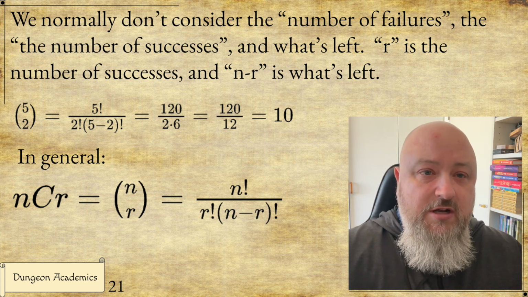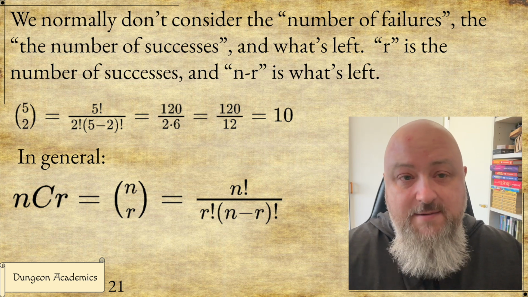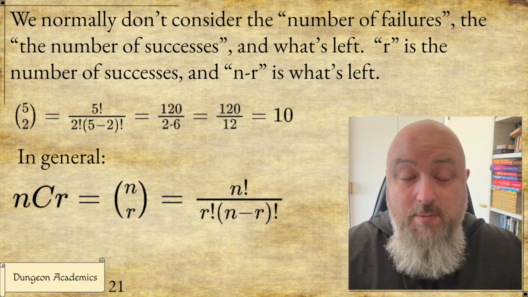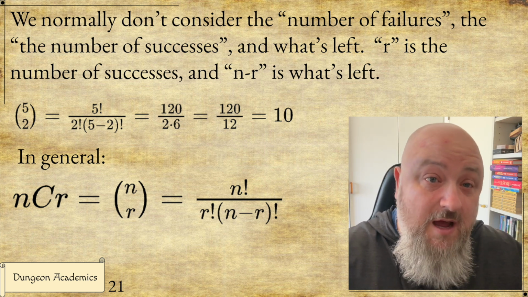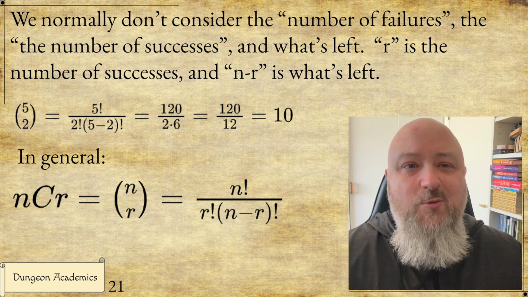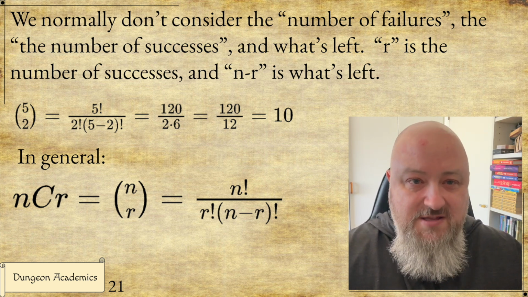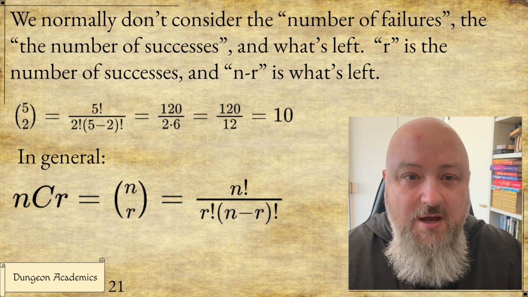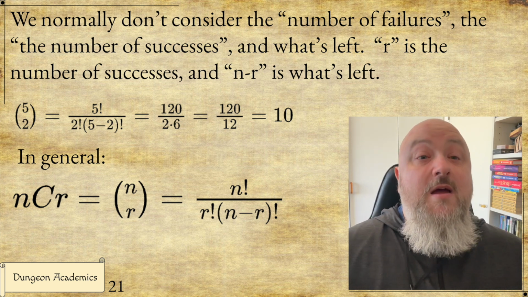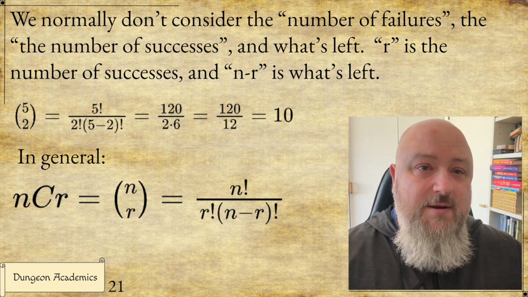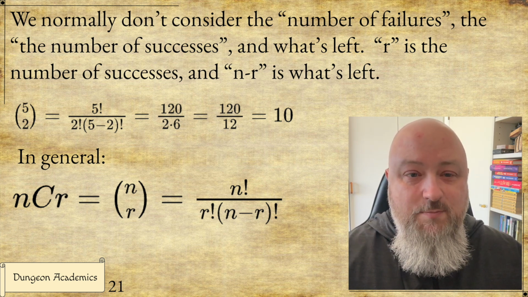So n factorial over r factorial, n minus r factorial. Your calculator probably has a button to do this, and if it does, in most circumstances, I would recommend you use that, unless you enjoy doing maths for the sake of doing maths, which obviously I do. I will probably do mostly this manually, but feel free to use a calculator if you prefer.